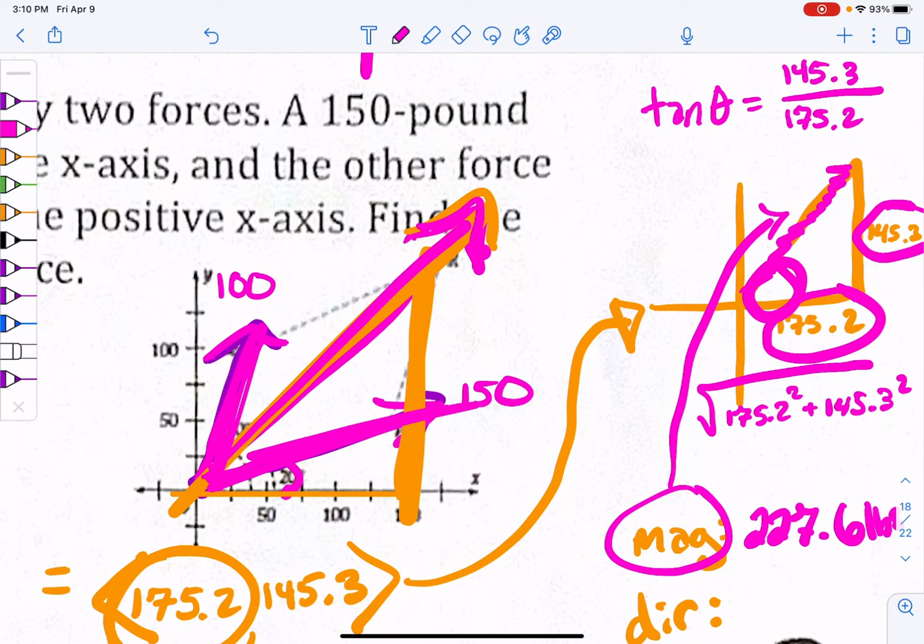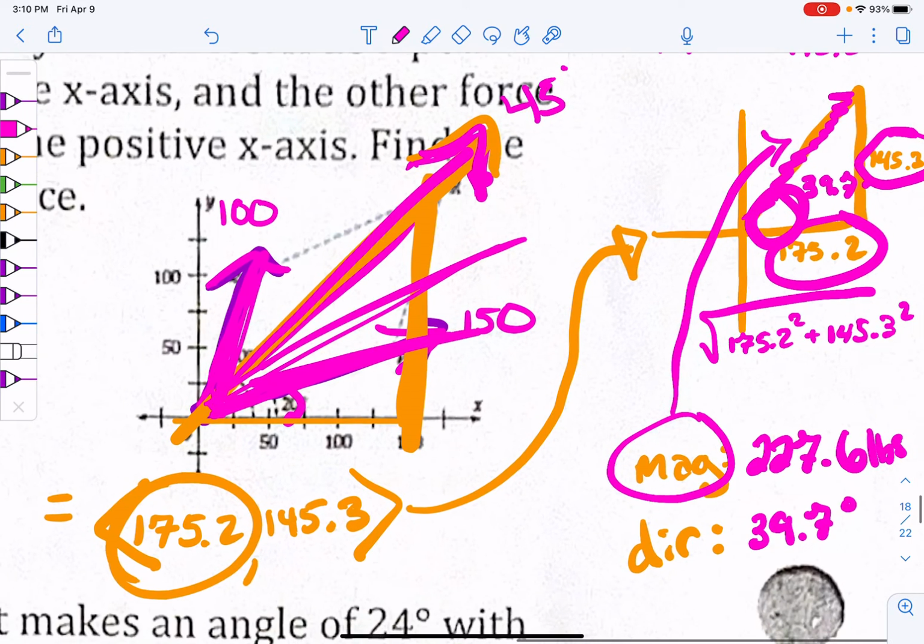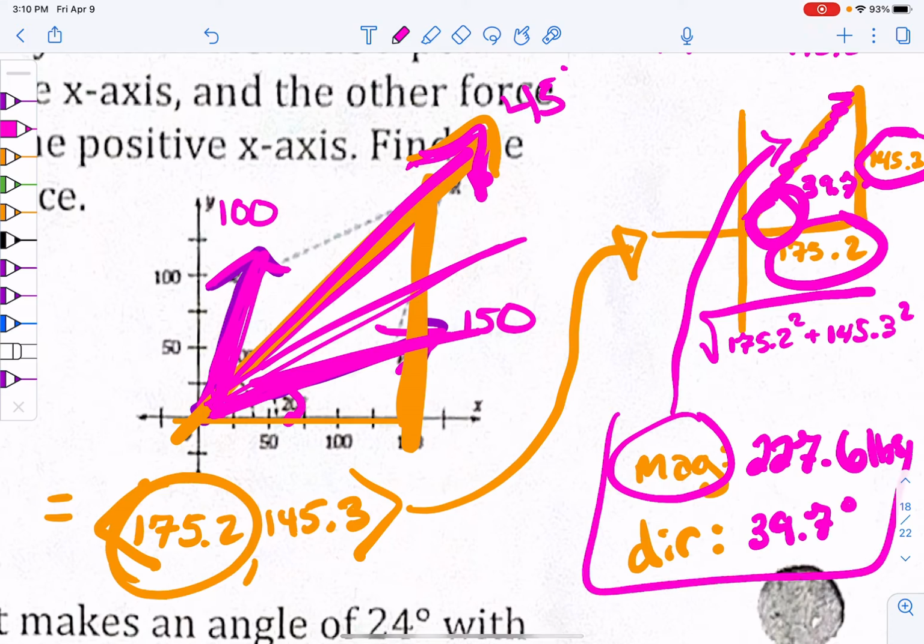That has a direction of 39.7 degrees. We said that 45 degrees would be exactly in between 70 and 20, but it's going to be closer to the 20 degrees than the 70 degrees, so on this side of 45, because 150 is pulling harder. So magnitude, direction.